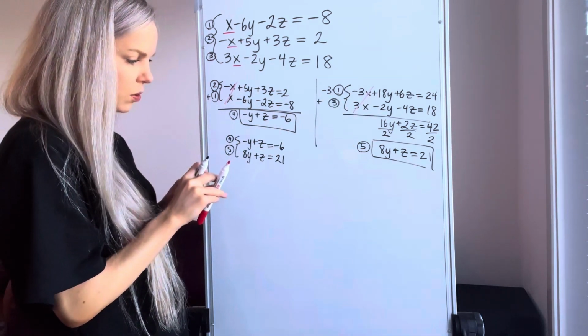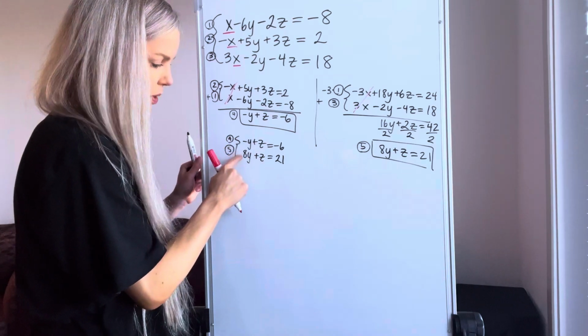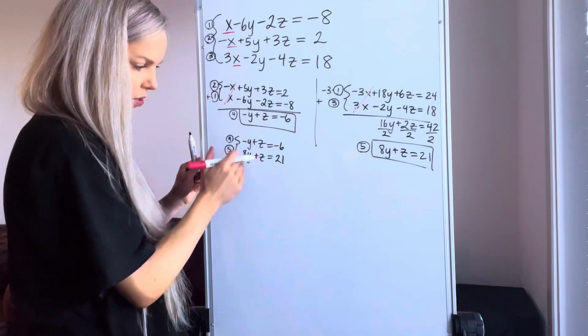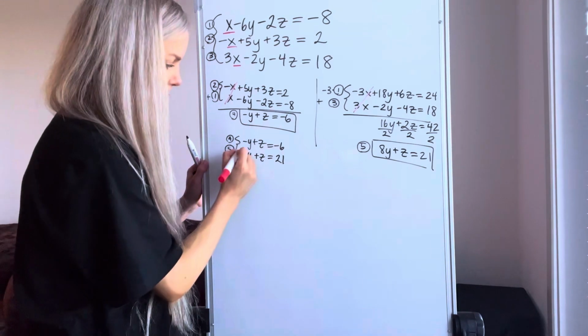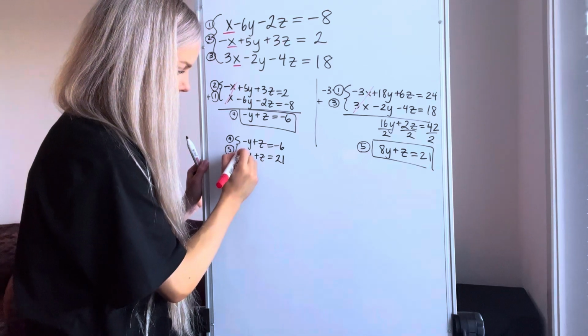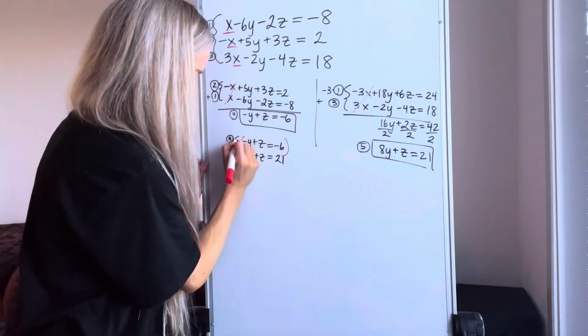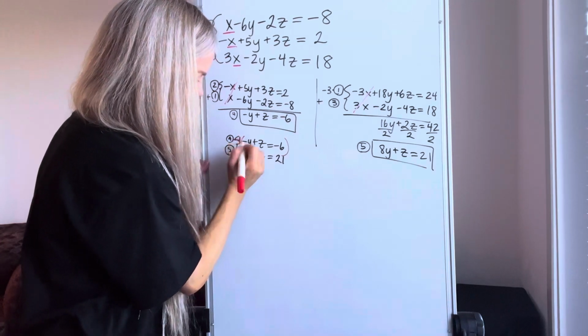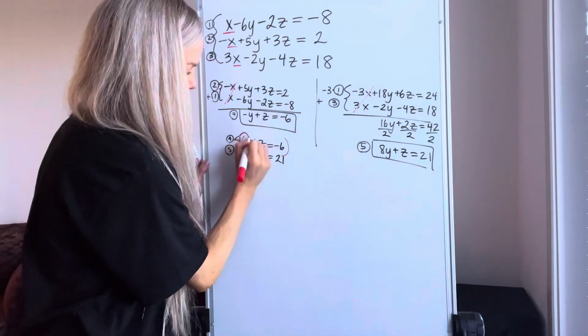So we can continue using elimination. We can cancel the z's if I multiply this equation by a negative 1, or you could cancel the y's if you just multiply the top equation by 8. I'll go ahead and multiply the top equation by a negative 1. It doesn't matter which one, as long as you have a negative z here and a positive z here.